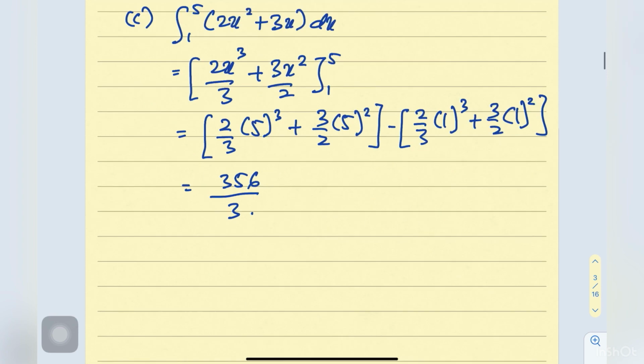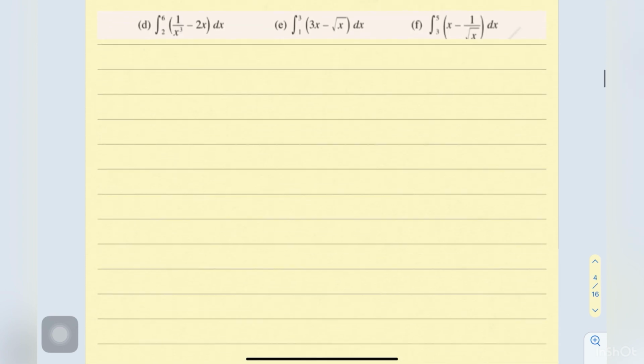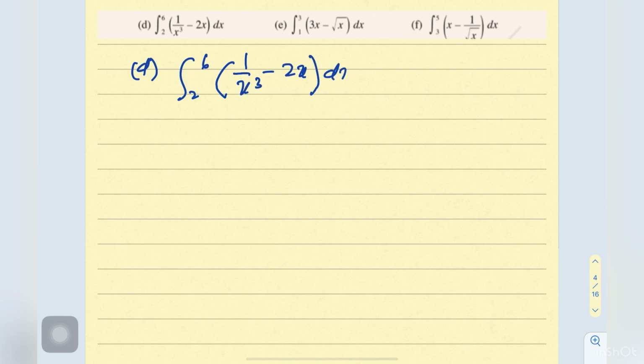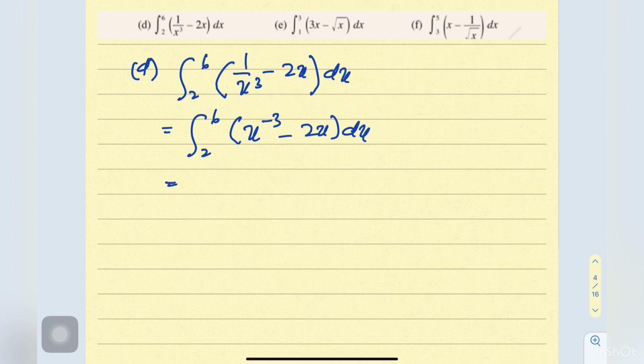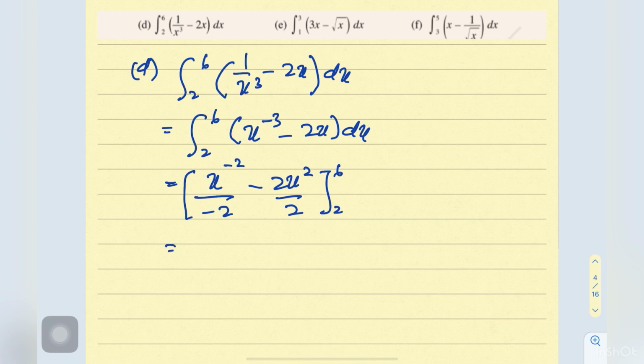Then question D. Integrate from 2 to 6, 1 over x cubed minus 2x dx. So from 2 to 6, x to the power of negative 3 minus 2x dx. Then start to integrate. So x to the power of negative 2 over negative 2 minus 2x squared over 2, integrate from 2 to 6. This one we simplify.